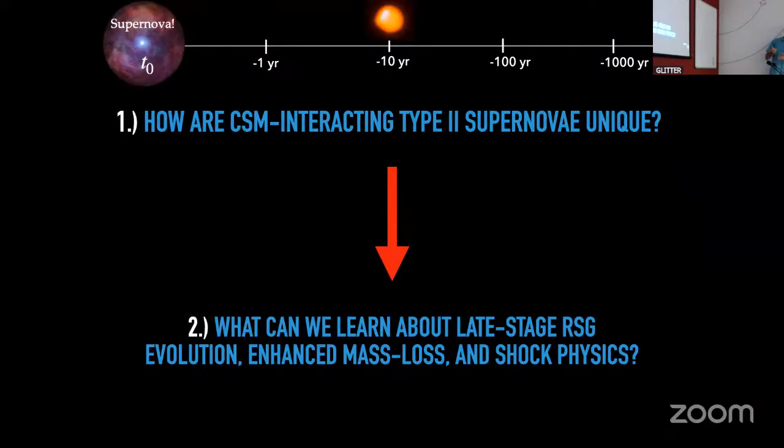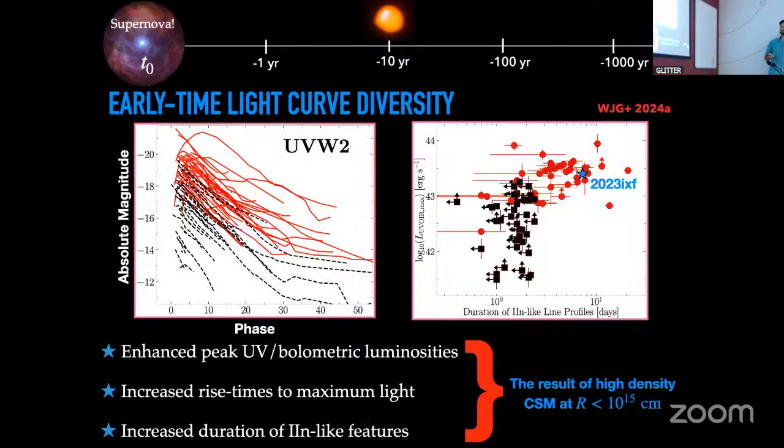So I kind of already presented this quandary, but what is so different about these CSM interacting type 2s, and what does it tell us about late stage red supergiant evolution, enhanced mass loss, shock physics, etc.? That's really the fundamental question that I've been working on in the last 5-10 years. The one thing is that these objects are extremely bright in the UV.